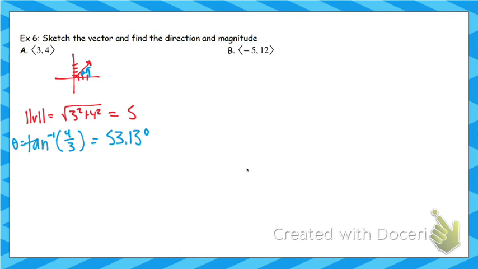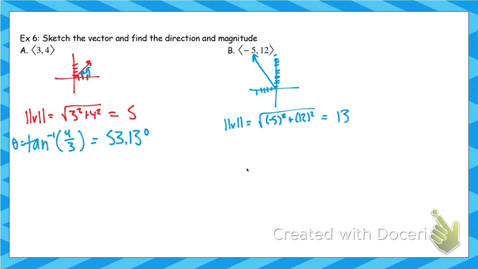All right, last one. Again, I'm going to draw this out to help a little bit. So negative 5, up 12. So something like that. All right, so let's find our magnitude. The square root of negative 5 in parentheses squared plus 12 squared. That's one of your Pythagorean triples.